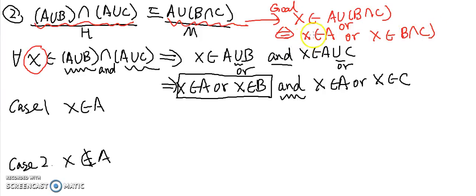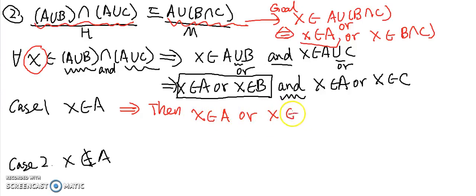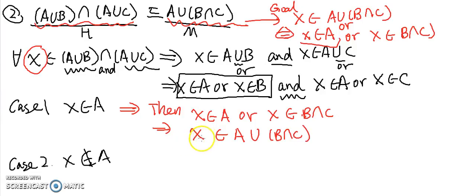So let's take a look. In case A, it's very easy. If X is in A, we already got what we need, so we can say if X is in A, then X is in A or X is in the intersection, which means X is in the union of A or B intersecting C. Again, that's just by the definition of union.